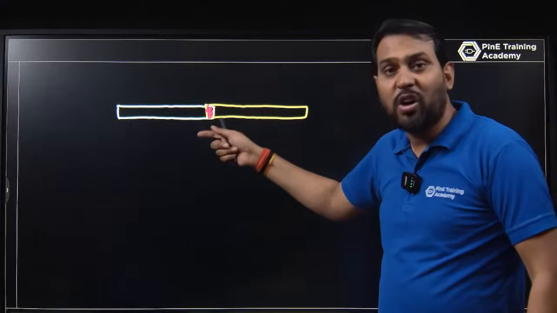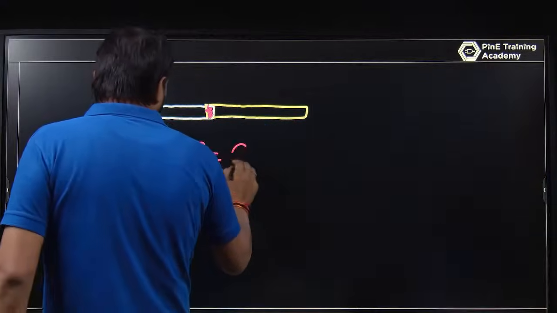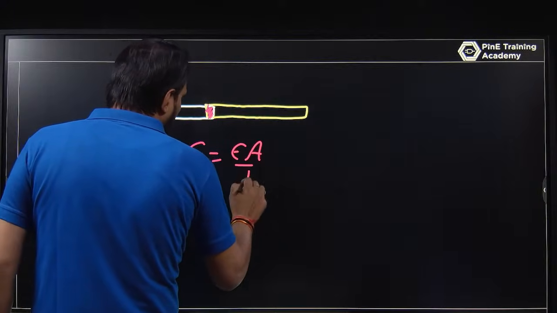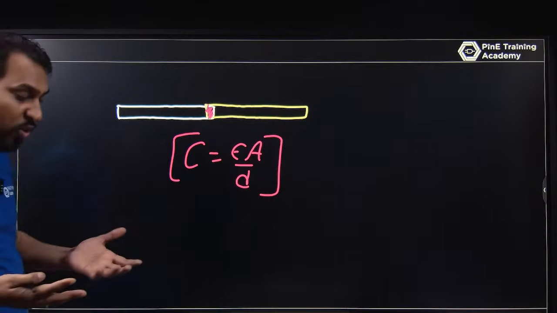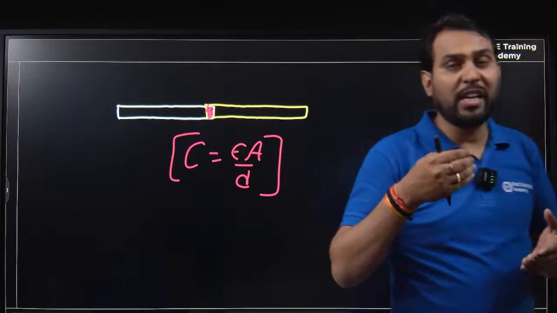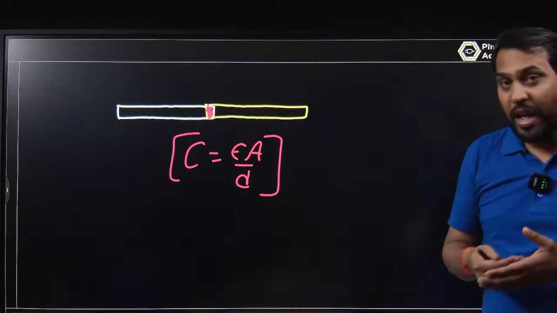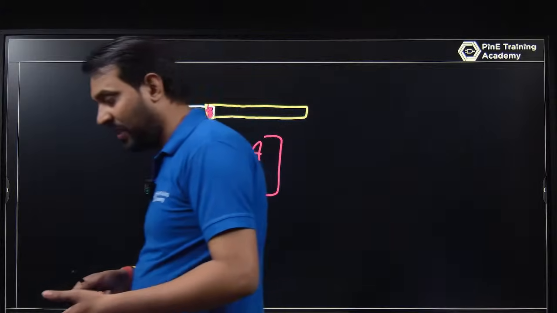A field oxide has a capacitance, C is equal to epsilon A by D. So every junction in a layout behaves like a node, and if you have a junction, of course you have a capacitance.